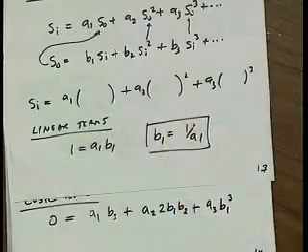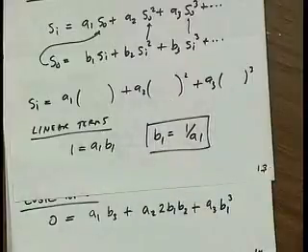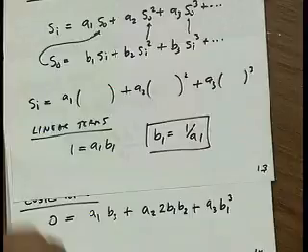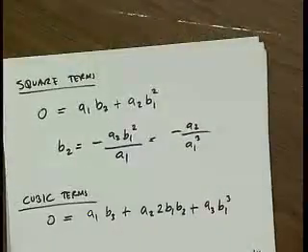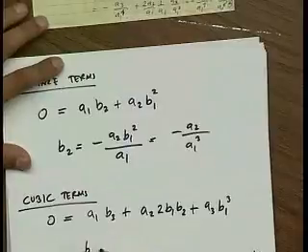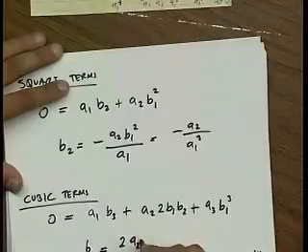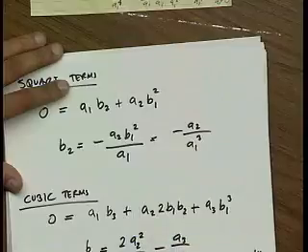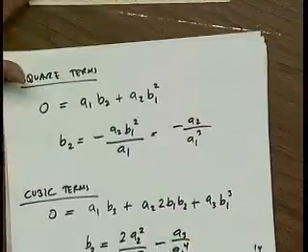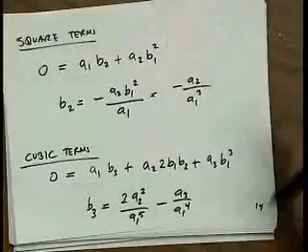Here I'm getting 4th order or higher, and here likewise. So I'm done. So again, I solve this equation. I won't bore you guys with the math, but you'll find that B3 is 2A2 squared over A1 to the 5th minus A3 over A1 to the 4th. Okay?